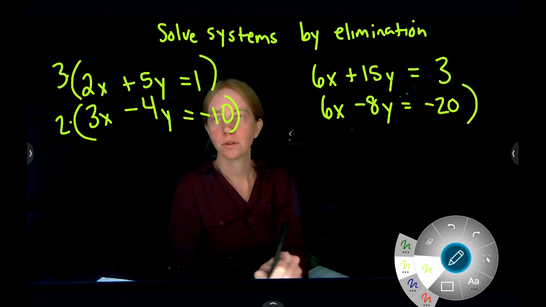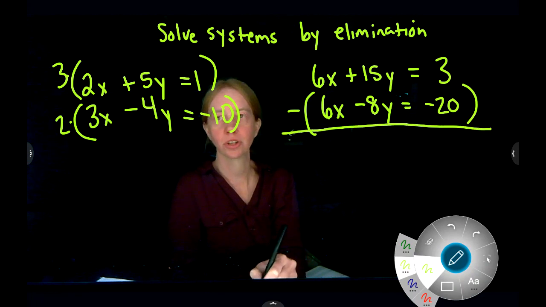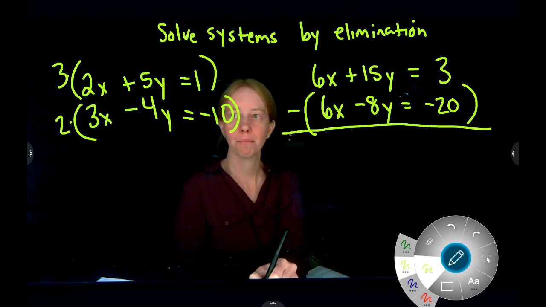And we're going to subtract these two equations. Setting up our subtraction here. 6x minus 6x is 0. We're not going to write anything down. Plus 15 minus a -8. So we're going to plus 8. So 15y plus 8 is 23y.